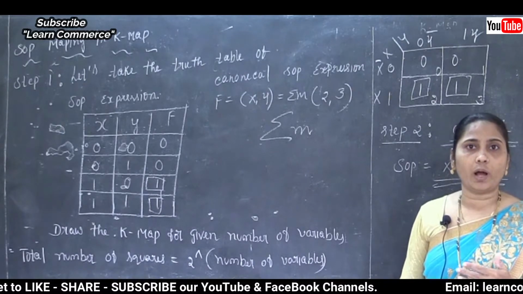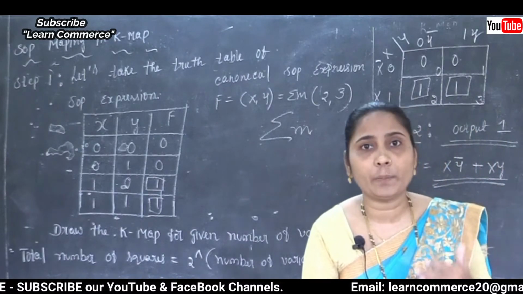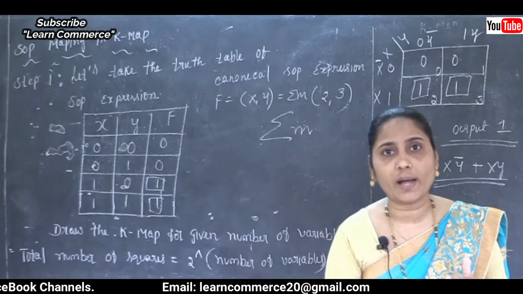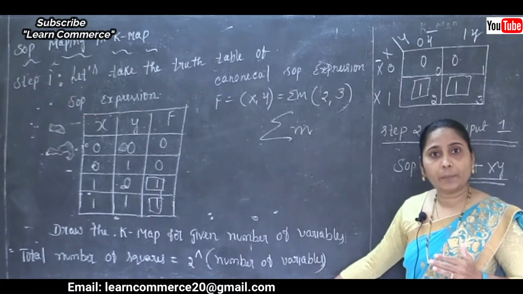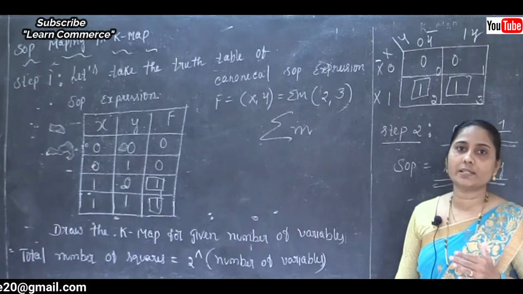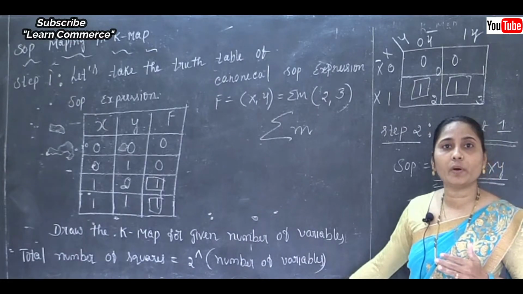We know the formula: the total number of squares for a given K-map is calculated as 2 to the power of the number of variables.